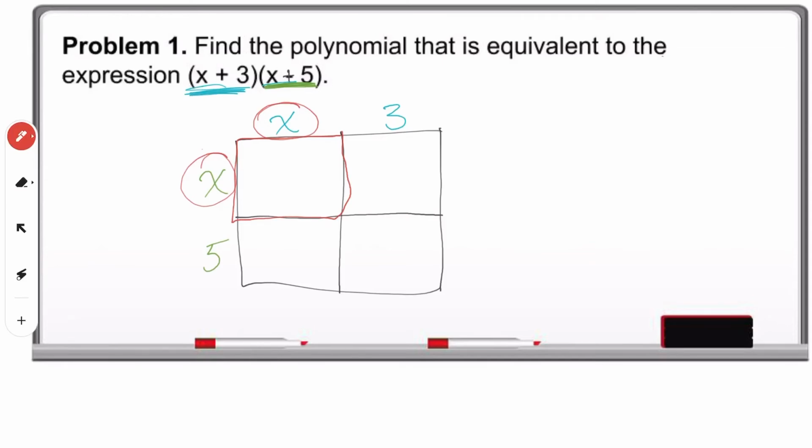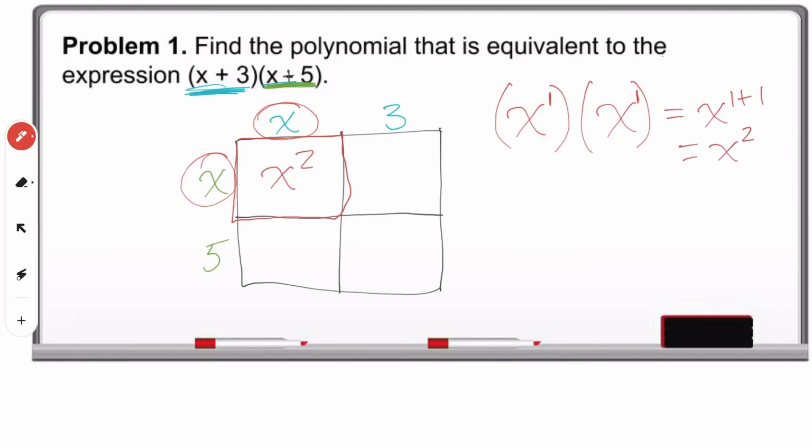So x times x gives me x squared. We know this because when we multiply two numbers that have like bases, we always add the exponents together. This is x to the power 1, and this is x to the power 1. When you multiply, our base stays the same and we add our exponents, which is the same thing as x to the power 2.